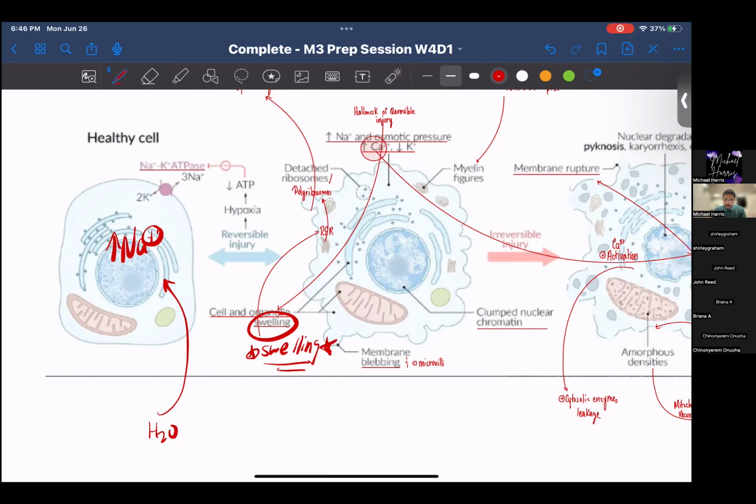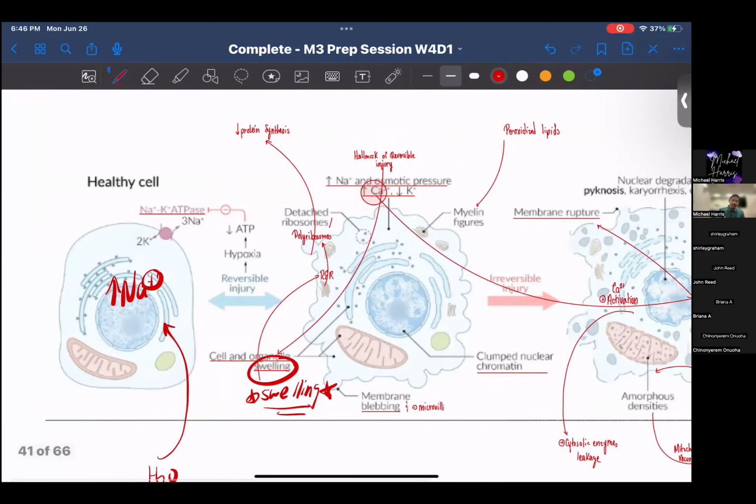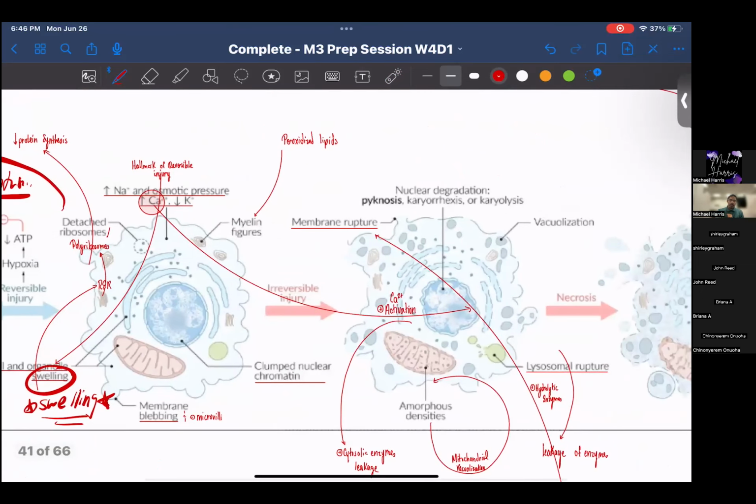Now, here's the stage where you have stress. This is when it can undergo modification and adaptation, right? If it undergoes adaptation, it will revert back to a healthy cell. Now, if it's too much that it cannot undergo adaptation, it will revert to irreversible injury.